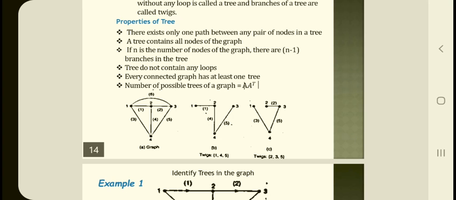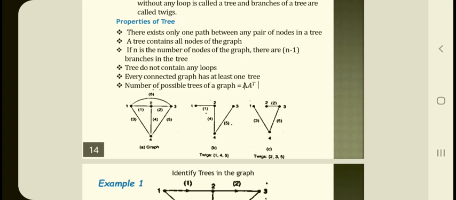A tree contains all nodes of the graph. For example, in this diagram, how many nodes do we have in the graph? 4 nodes: 1, 2, 3 and 4. In the tree the same nodes should appear, but there are no loops. That's why figure B has nodes 1, 2, 3 and 4, and figure C also has nodes 1, 4, 3, 2.